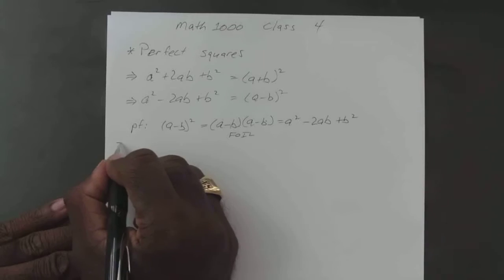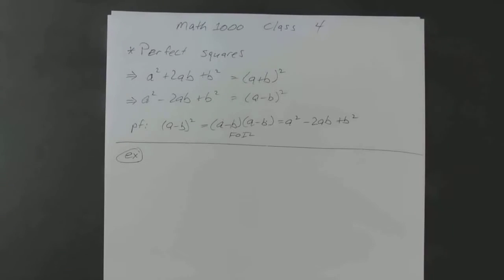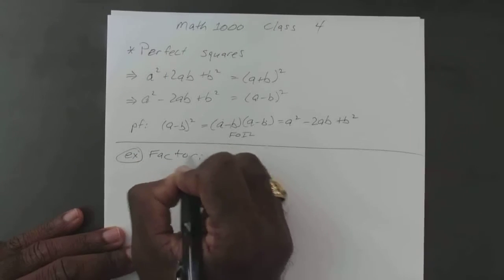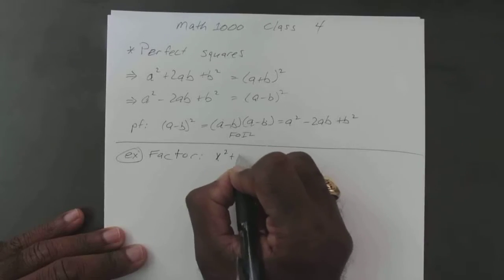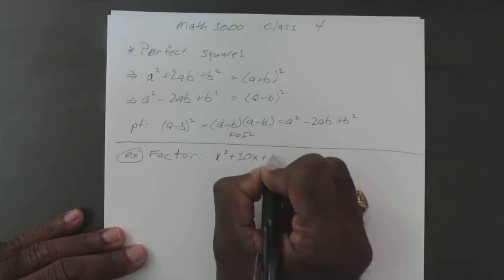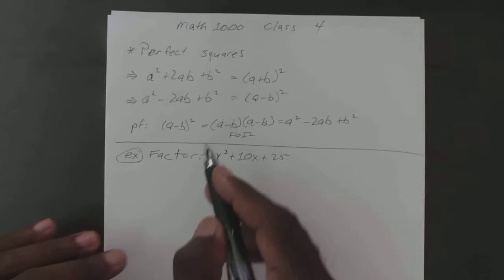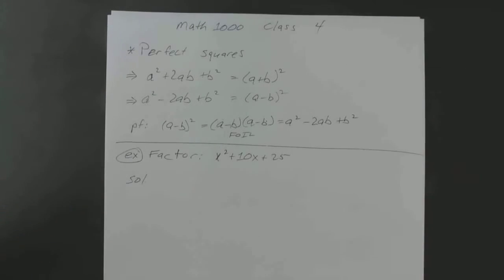Okay, so let's say for example, if you wanted to factor say x squared plus 10x plus 25. Okay, so the first thing you would notice is that the first and the last term are perfect squares.